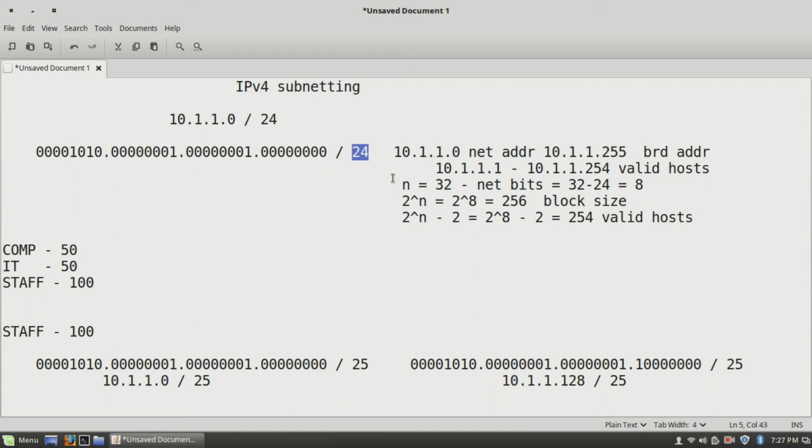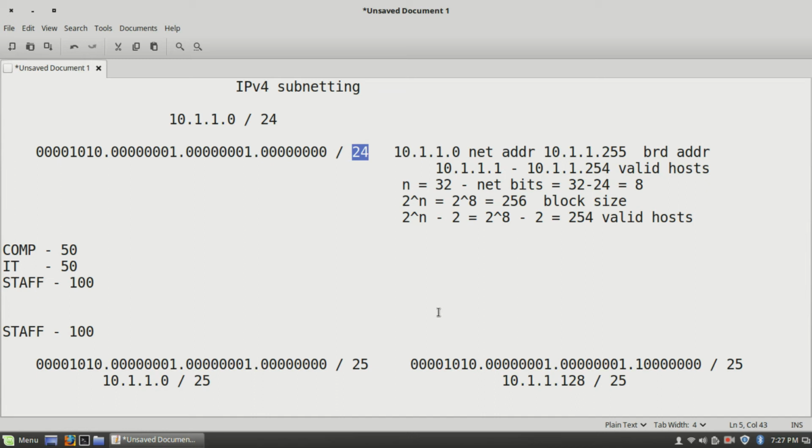When I gave 1 bit, there were 2 /25s. When I give 2 bits, there are 4 /26s. When I give 3 bits from host to network, this would be /27, with 2 to the power 3, which is 8, possible values. So there would be 8 /27 networks from a /24.